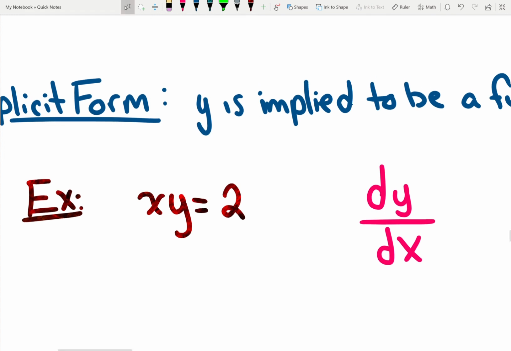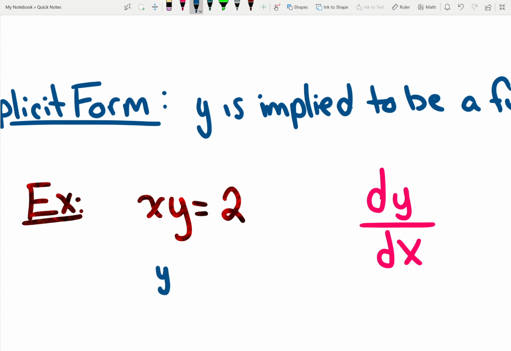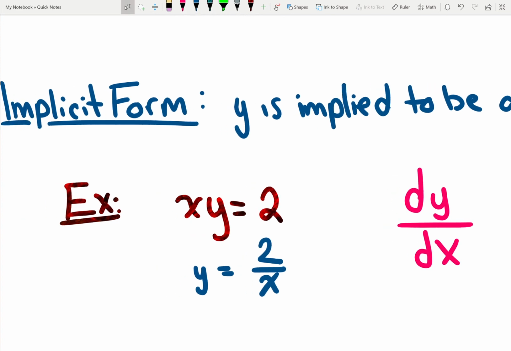How do I get y by itself here? Well, I just divide by x. So I have y equals 2 divided by x. And we can do this as long as x is not 0, because we can't divide by 0, right? So look, we went from an implicit form to an explicit form just by dividing by x and restricting our domain.